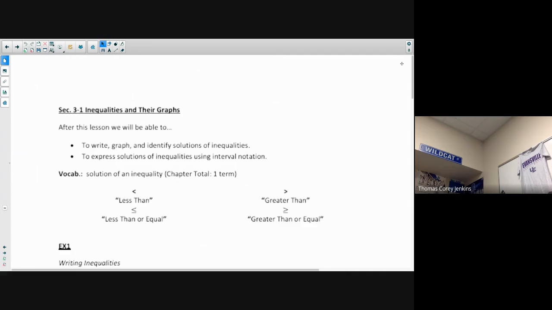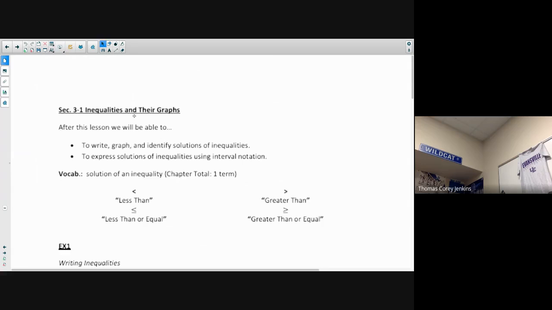Last chapter, chapter 2, was all about solving equations and proportions. This one is all about solving inequalities. The first lesson is an introductory lesson called Inequalities and Their Graphs. Not a whole lot of actual computational math, but just understanding the basics is the thing.